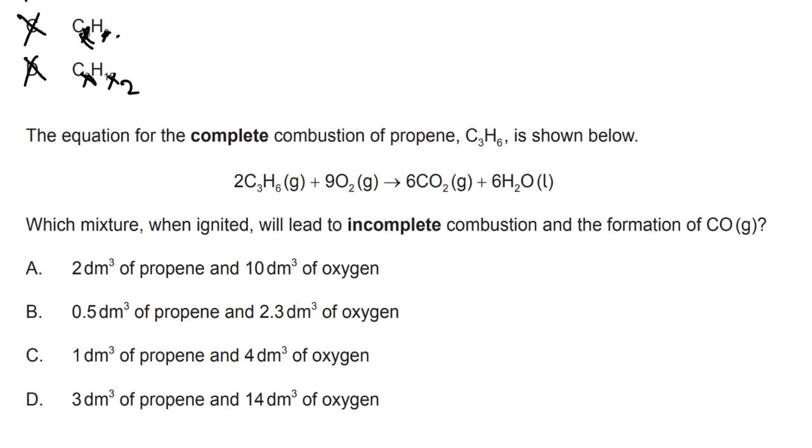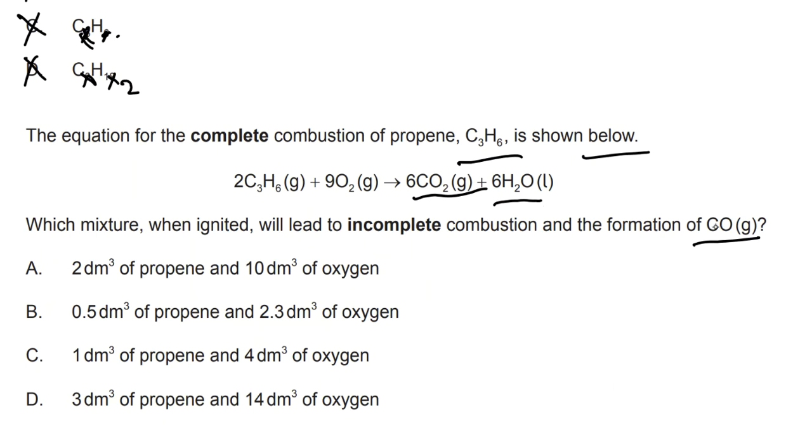The equation for the complete combustion of propene is shown below. Okay, remember, complete combustion results in CO2 and H2O, whereas incomplete combustion leads to CO. It literally says in the question. Which mixture, when ignited, will lead to incomplete combustion and formation of CO2? Okay, so incomplete combustion occurs when there's insufficient oxygen in order to form CO2.